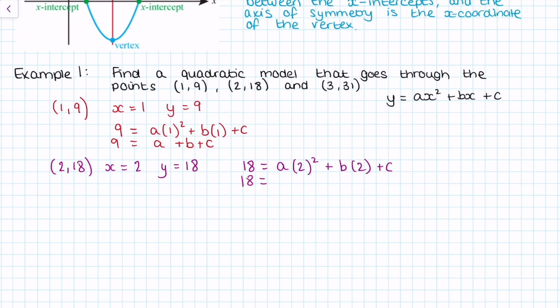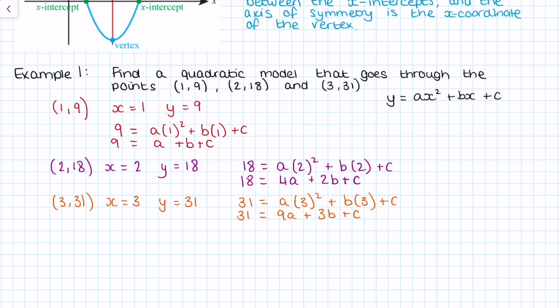Simplify that, so it'll be 18 equals 4a plus 2b plus c. And then the last point. As you can see, we've got three equations and they are all linear because there's no squares on our variables, which means we can use the simultaneous equation solver on our calculator. I'll go to that now to show you how to do that.